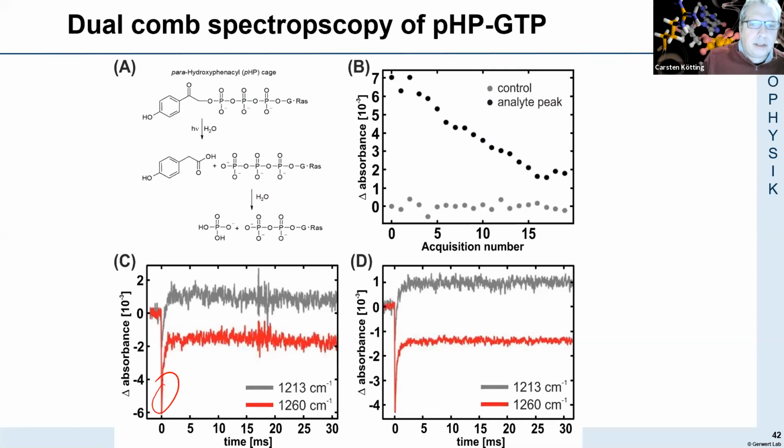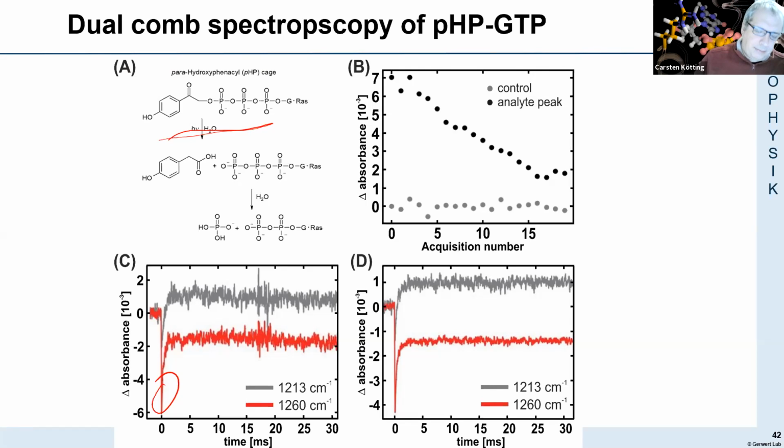One additional drawback here was that we don't have an optimal overlap of our excitation laser with the absorbance spectrum of this compound. And also we use thicker samples than we are used to. You know, the QCLs have more power, so you have more energy for the absorbance spectroscopy, and you can use thicker samples, which gives you in principle a better signal.